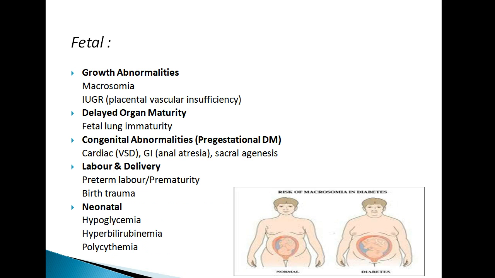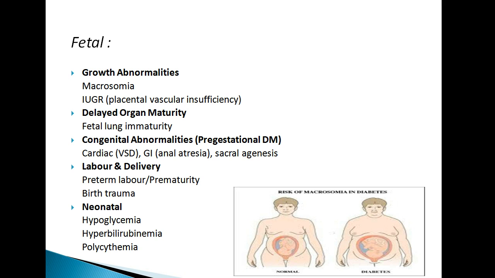So for the complications for the babies themselves, the baby will become big, and sometimes the baby will become too small. Delayed organ maturity for the babies, and there are studies that show that the babies may develop congenital abnormalities.